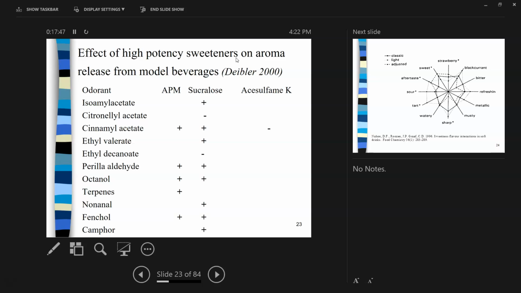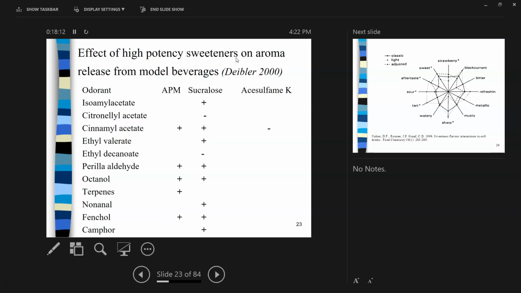This was at a conference where she put individual flavor molecules into an aqueous solution, then added aspartame or sucralose at some isosweet level, so they're all adjusted to the same sweetness, and then looked at the headspace, the volatility of each of these flavor compounds.